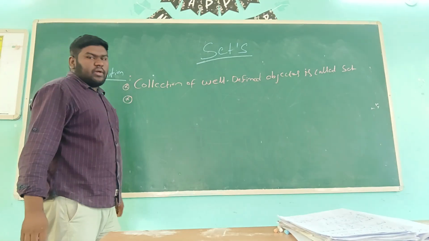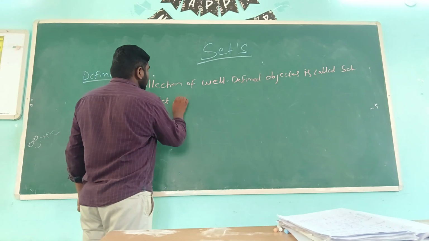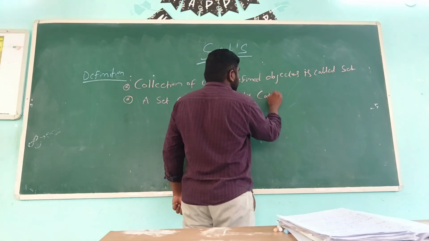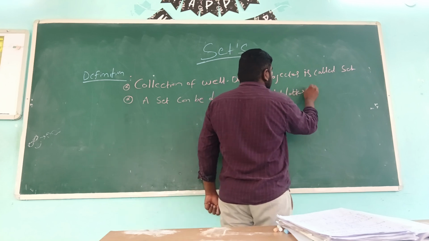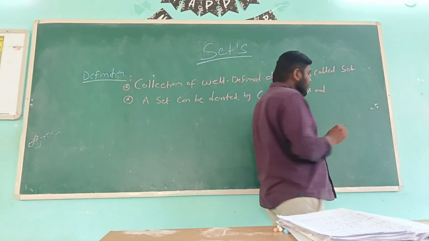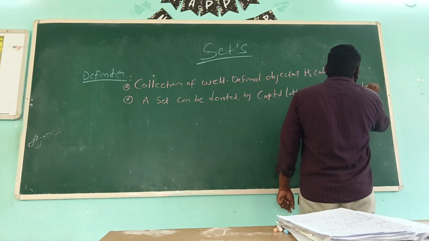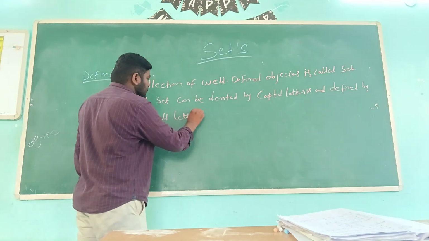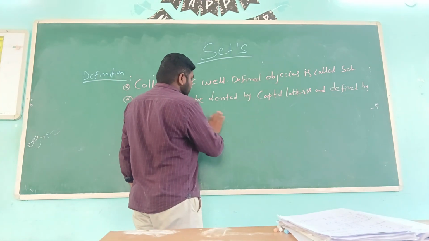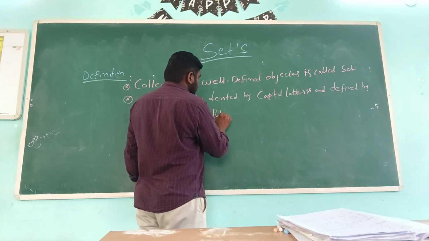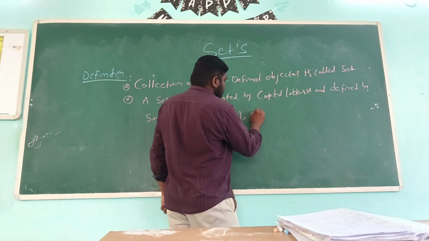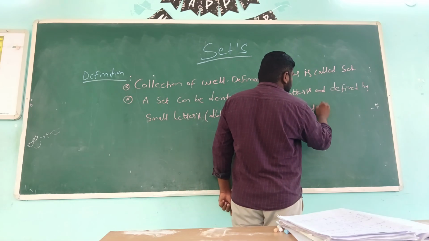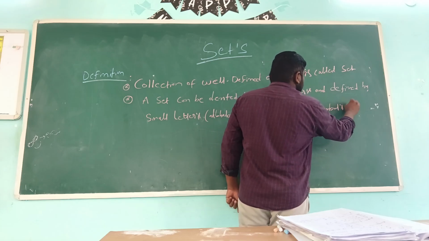Then a set can be denoted by capital letters and defined by small letters, like alphabets, numbers, special symbols, etc. Understood?